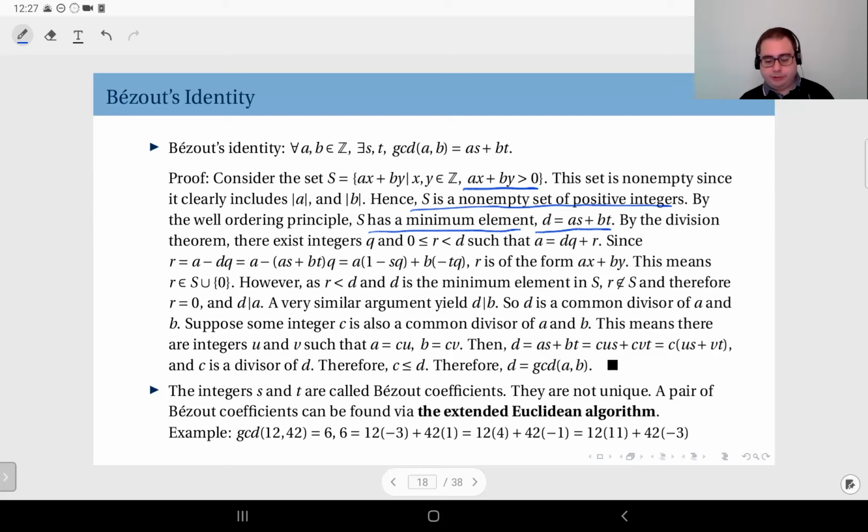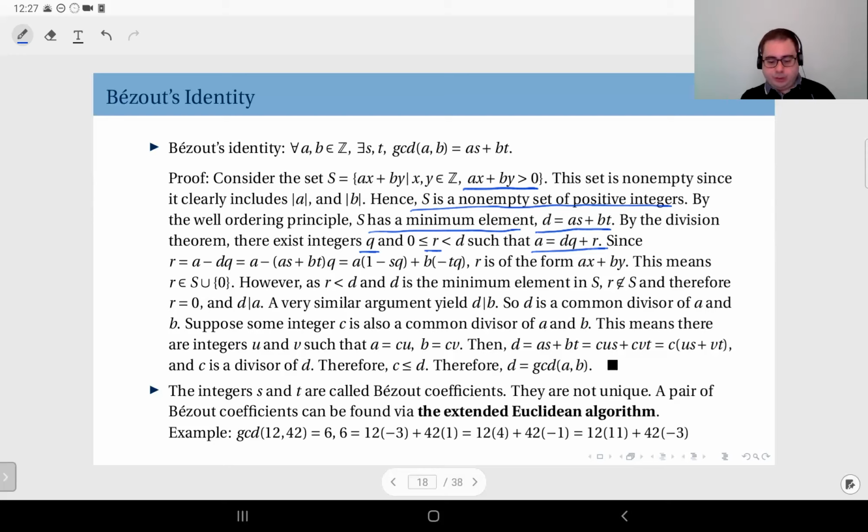Now, by the division theorem, there exist integers q and r. Of course, r, the remainder, should be in this range, such that a equals dq plus r. So this is essentially dividing a by d. Q is the quotient and R is the remainder.